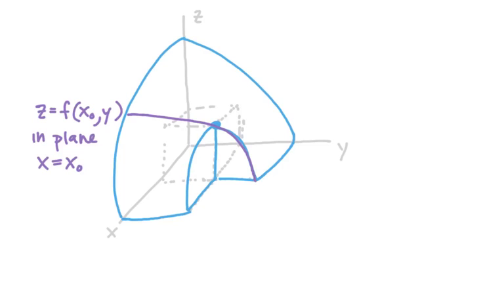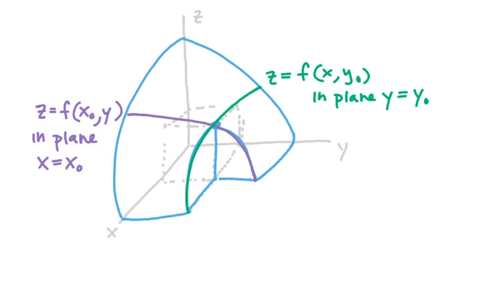So similarly, I have this curve running through here, and we might call this curve z equals f of x, comma, y naught. So this is in that plane where y is equal to y naught. It's in the zx plane, this curve, or it's parallel, I should say, to the zx plane.